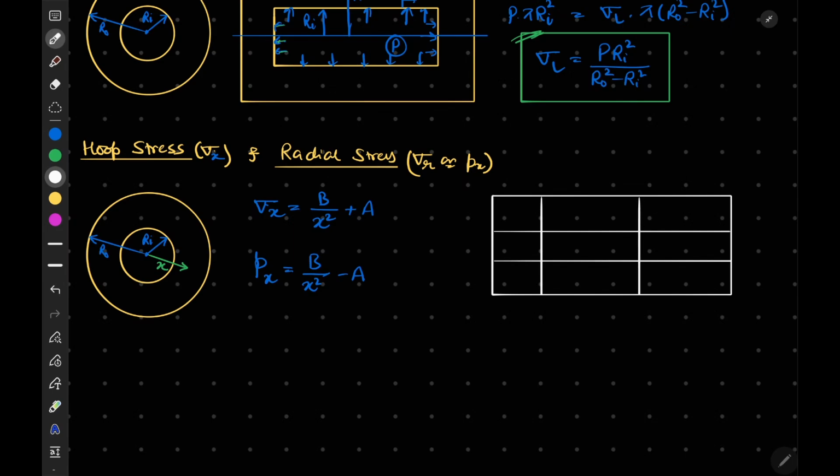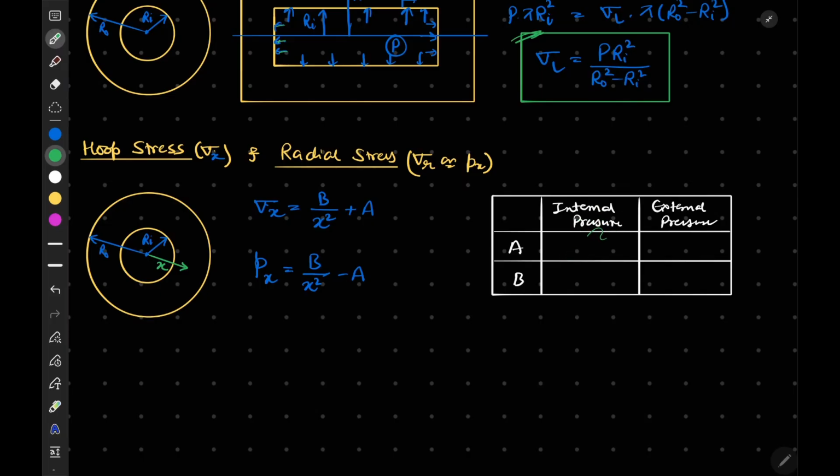I will be writing here under internal pressure, and here external pressure, and I will be talking about the values of a and b.